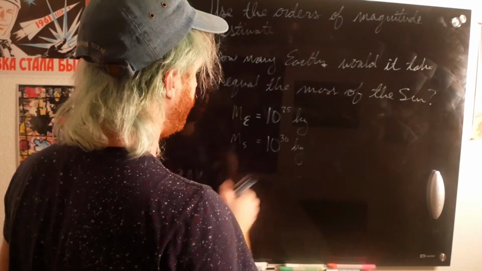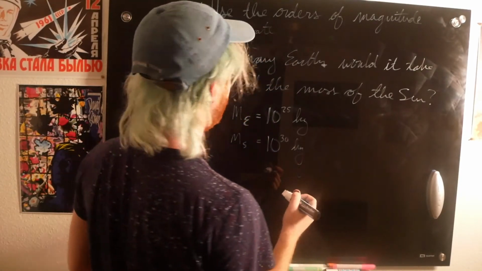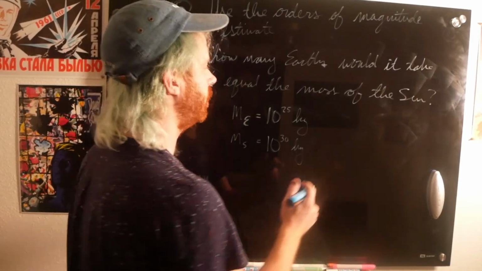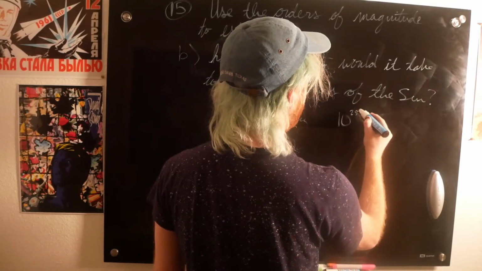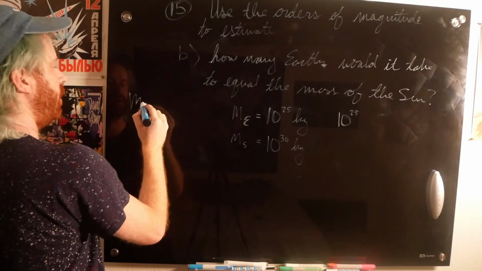And what we do now is pretty much the same thing, right? It's saying how many Earths would it take to equal the mass of the Sun. So 10 to the 25 is 1 mass of the Earth. I'm going to solve it symbolically right here.